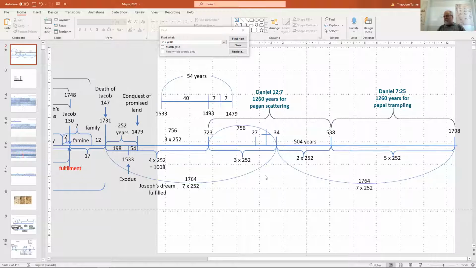So there's lots of different lines of prophecies. They're all kind of intertwined with each other. But we can see that one of the primary things is this promised land, and the promised land is tied all the way back. And in 1798, what's the promised land? United States. It's the United States.